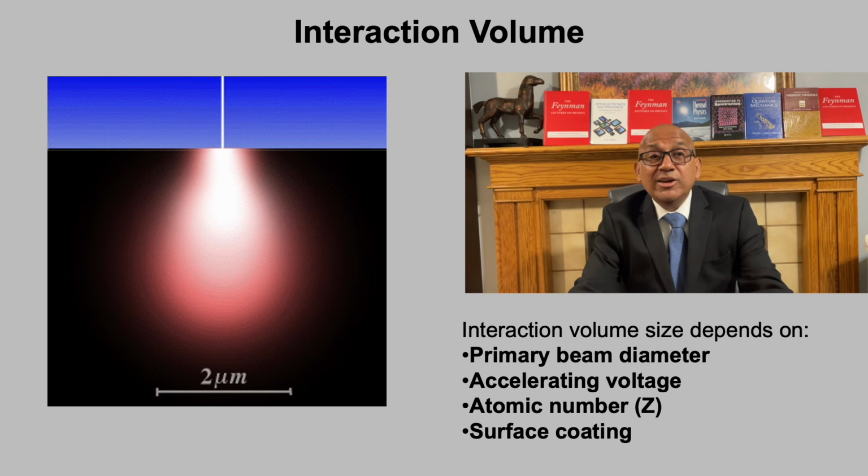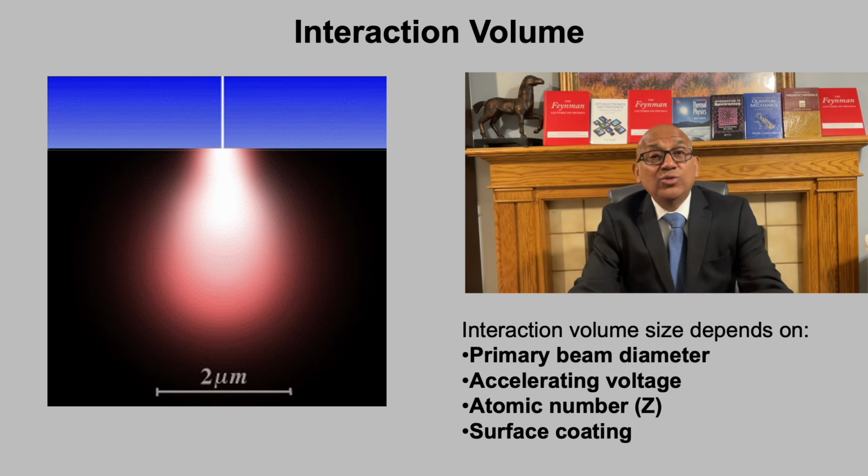Third, the atomic number of the specimen plays a major role. High Z materials scatter electrons more strongly, limiting penetration and producing a smaller interaction volume. Low Z materials allow deeper penetration, resulting in a larger volume and reduced spatial resolution.